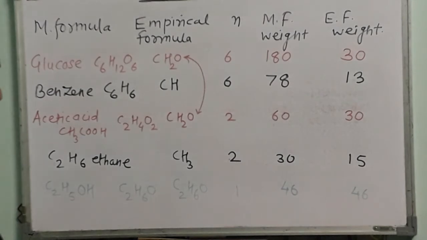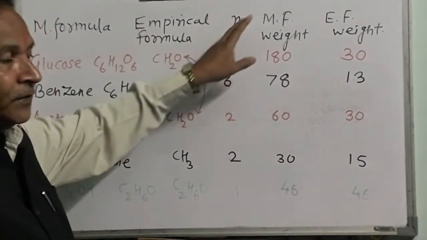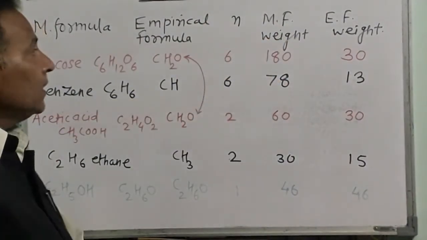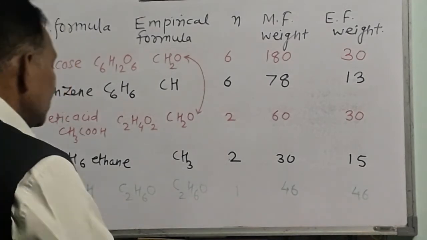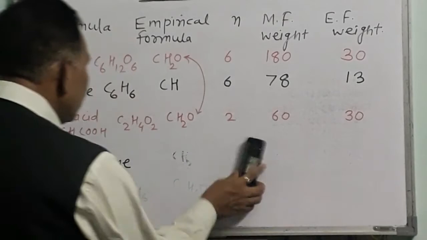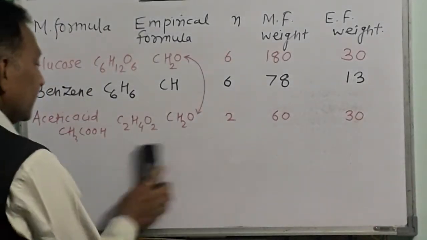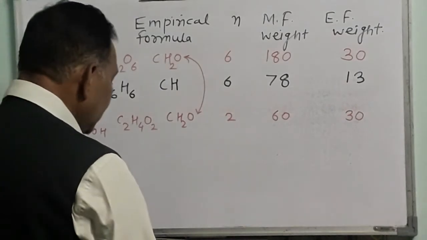So in this way you can prepare a list of compounds with their empirical formula, the value of N, the molecular formula weight and the empirical formula weight. So friends, from this table we can write one formula, and that formula will be like this.